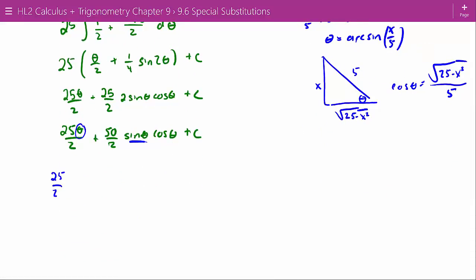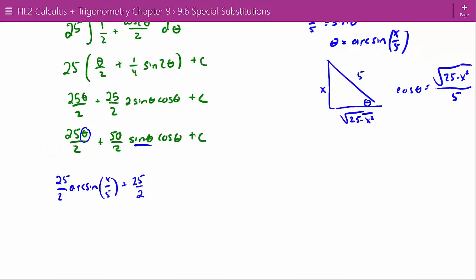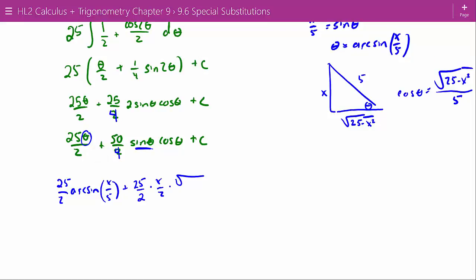So we have 25 over 2 times the arcsine of x over 5 plus 25 over 2, and I made an oops back here. This should have been over 4, 25 over 4, and 50 over 4. So that times sine theta, x over 5, times square root 25 minus x squared over 5 plus c.